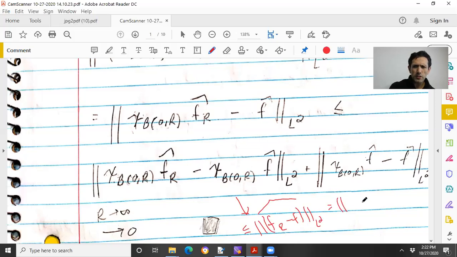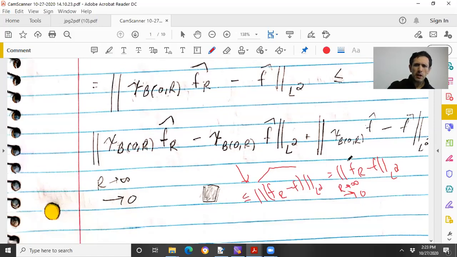Well, this is just the L2 norm of f_r minus f, and dominated convergence, because f is in L2, says that this goes to 0 as r goes to infinity. And this is very, very similar. This is just the dominated convergence theorem using the fact that the Fourier transform is an L2 isometry.